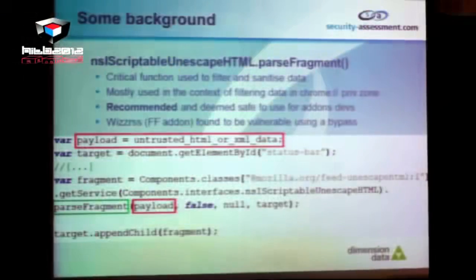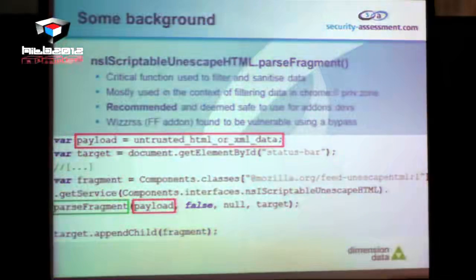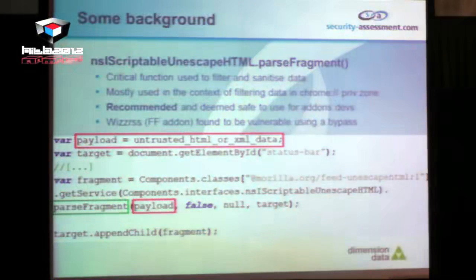So the problem is this function, which is nsIScriptableUnescapeHTML parseFragment. This function is used, and recommended by Mozilla, to filter untrusted HTML payload. So let's say you have an add-on, and you want the add-on to interact with a page on the internet.